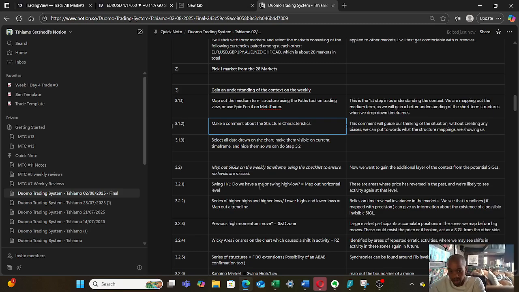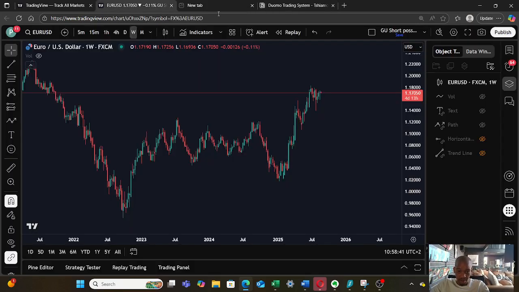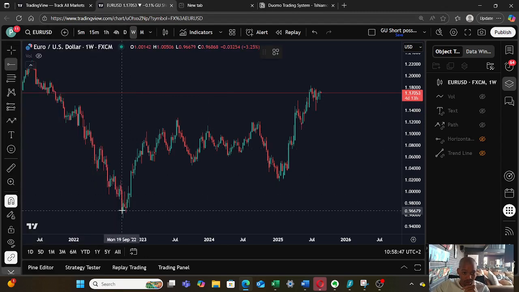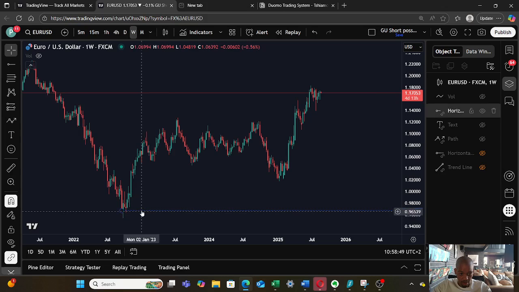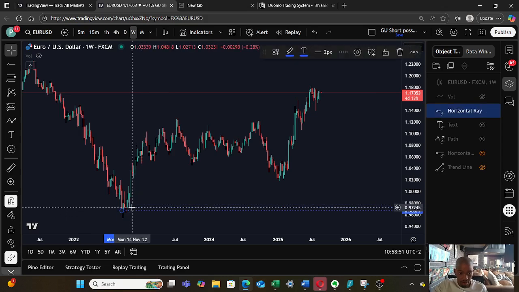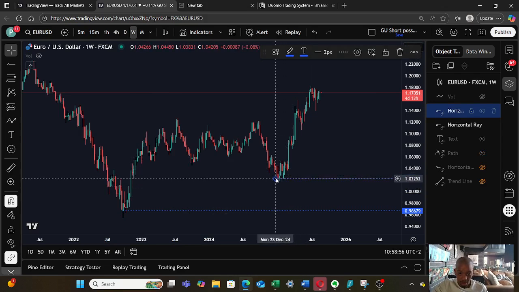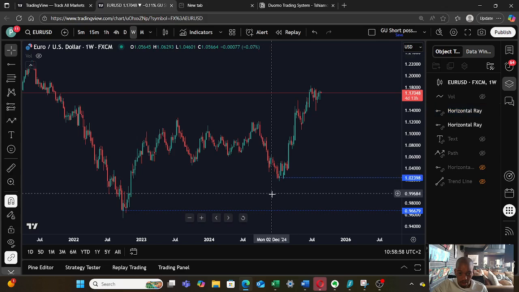Alrighty, we've got our checklist out. Now we're gonna start by identifying some very simple swing high-lows. Gonna put them here. And we're gonna take some over here. Plug them there.